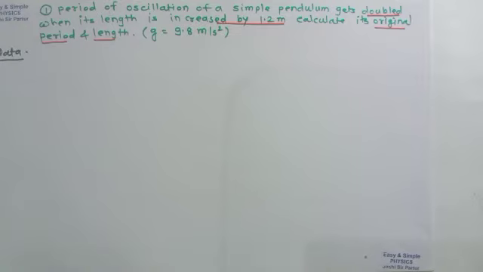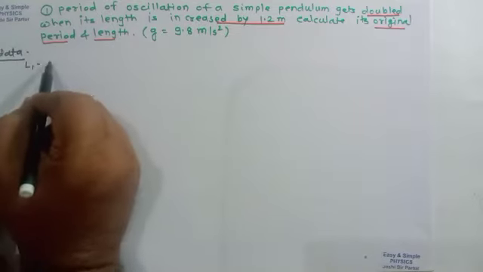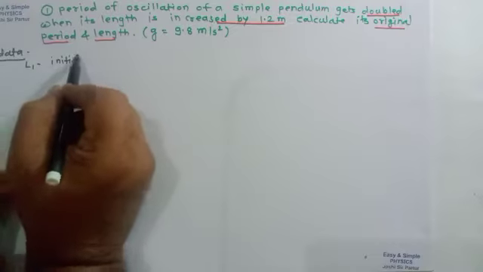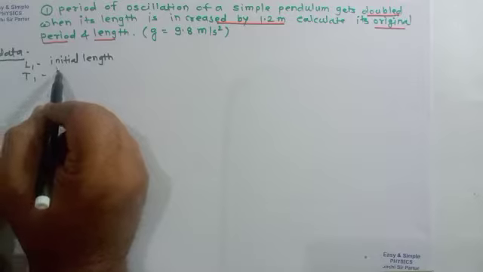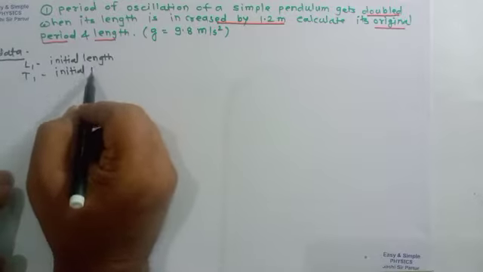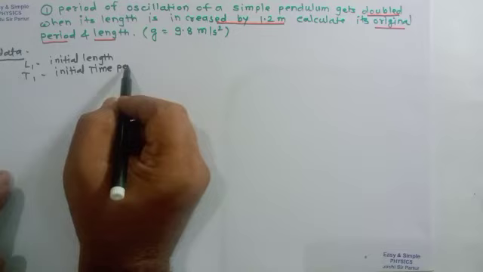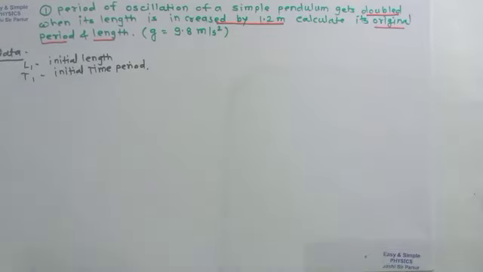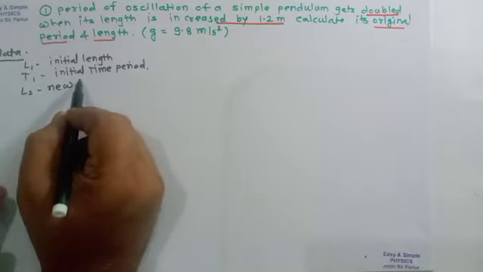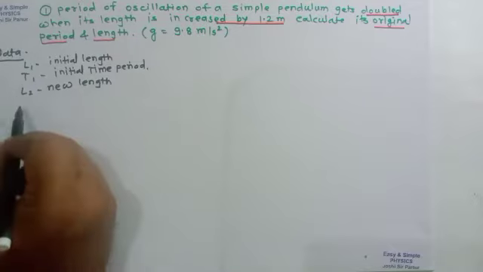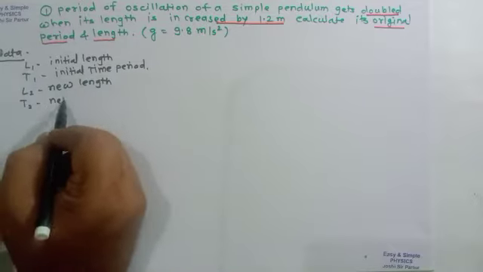So in this data, let L1 be the initial length, T1 the initial time period, L2 the new length, and T2 the new time period.